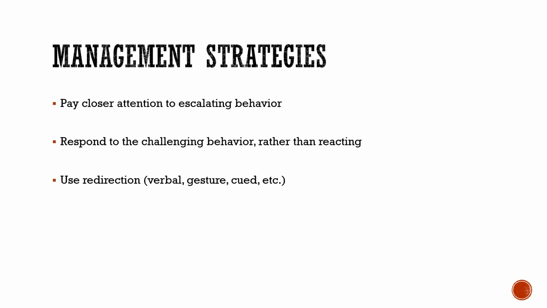So instead of that, use redirection and more verbal redirection. She could have used a gestural redirection. She could have used positive reinforcement, right? So notice any kind of positive behavior, giving a verbal redirection cue, and then moving on to reinforce more positive behavior.